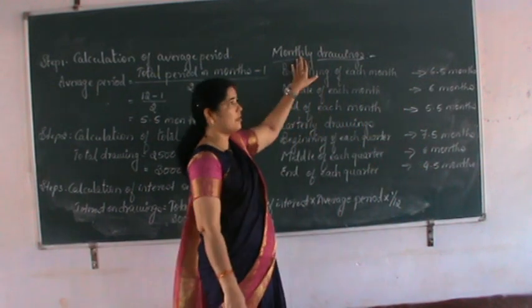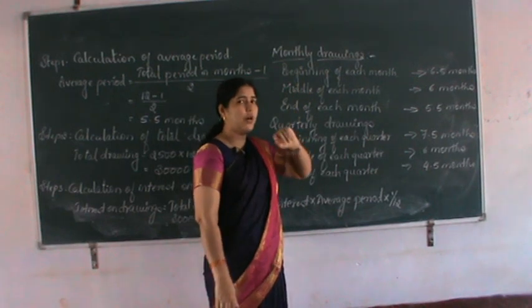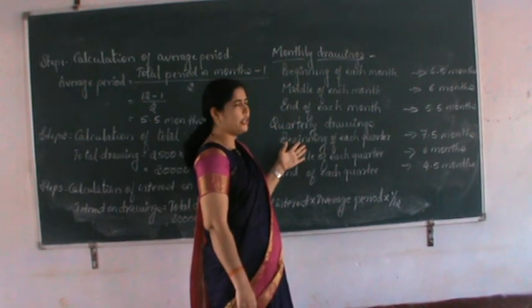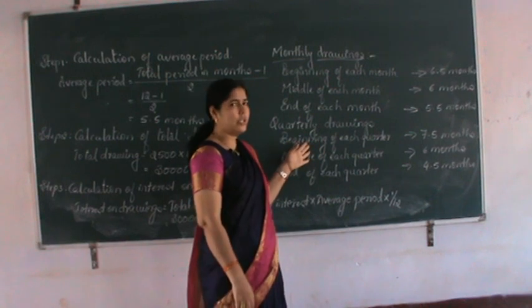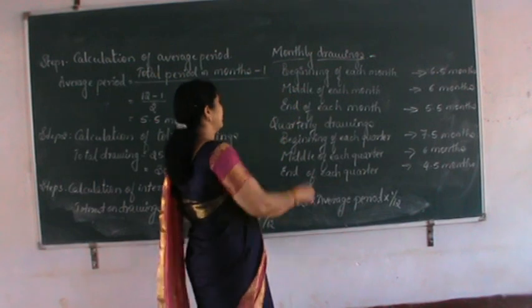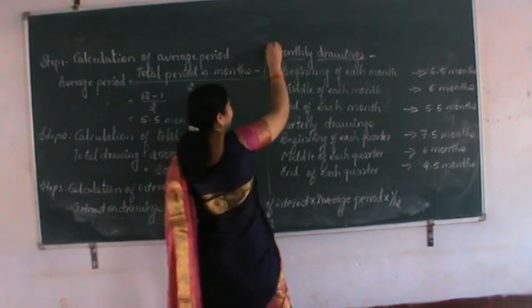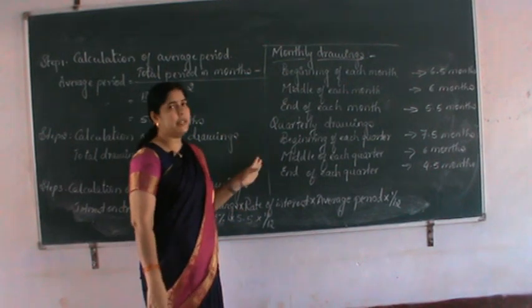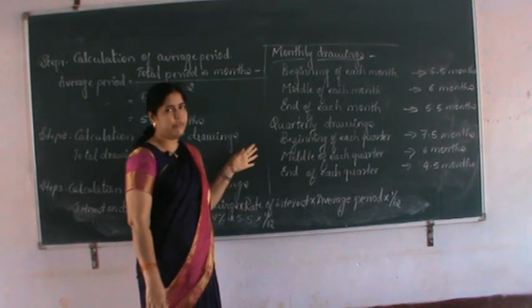Okay. So in case of monthly drawings, you have to show how the average period is calculated. In the quarterly drawings, you need not show the calculation of average period. Okay. So this is the chart which clarifies the average period at different points of time.